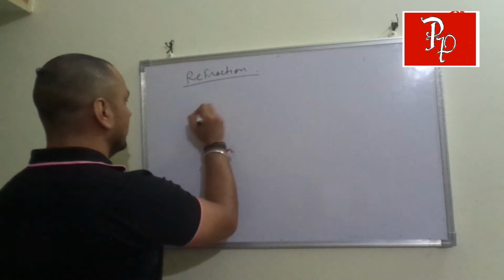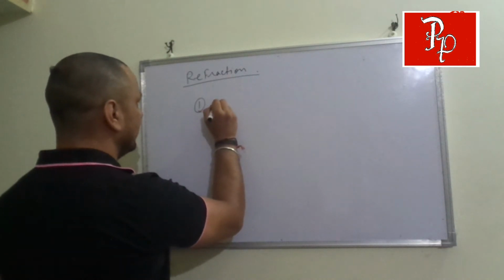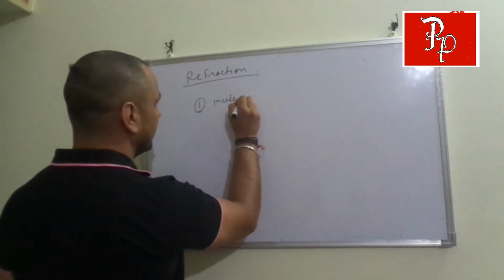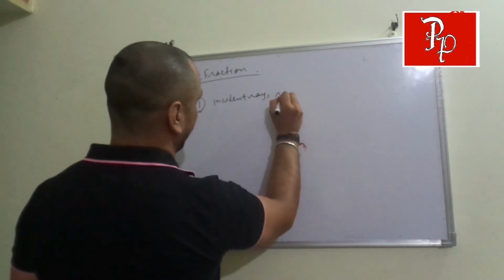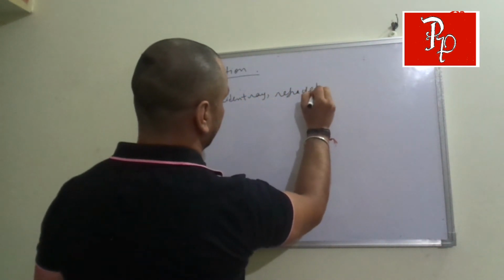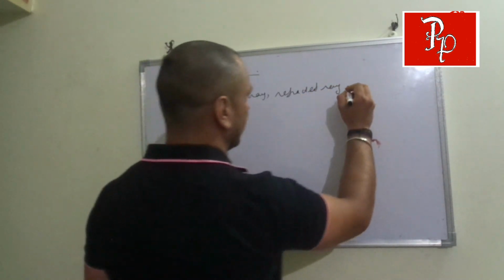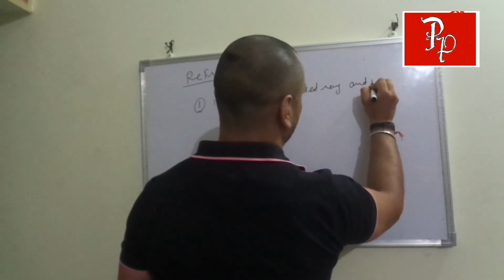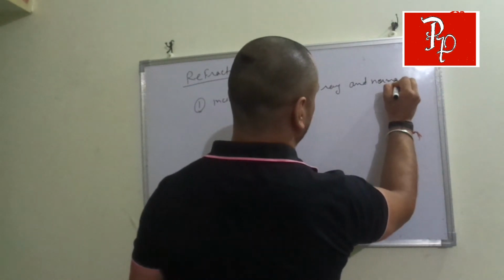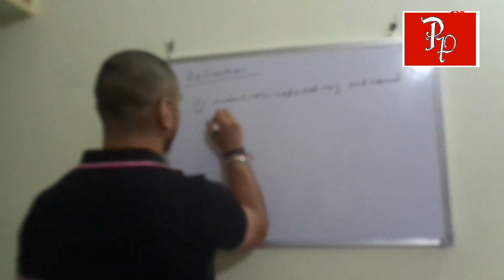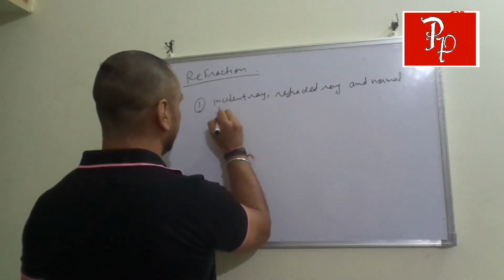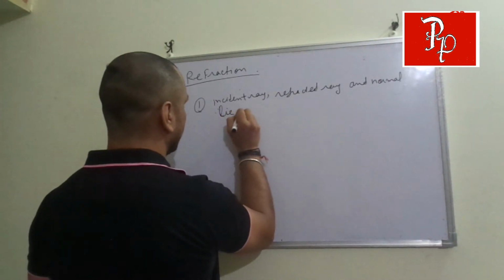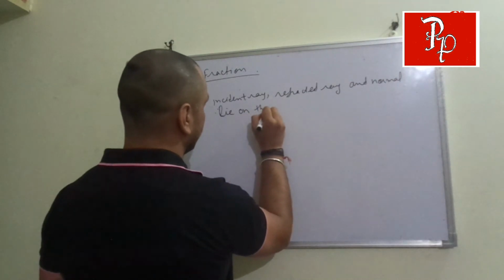So Snell says the incident ray, refracted ray and normal lie on the same plane.